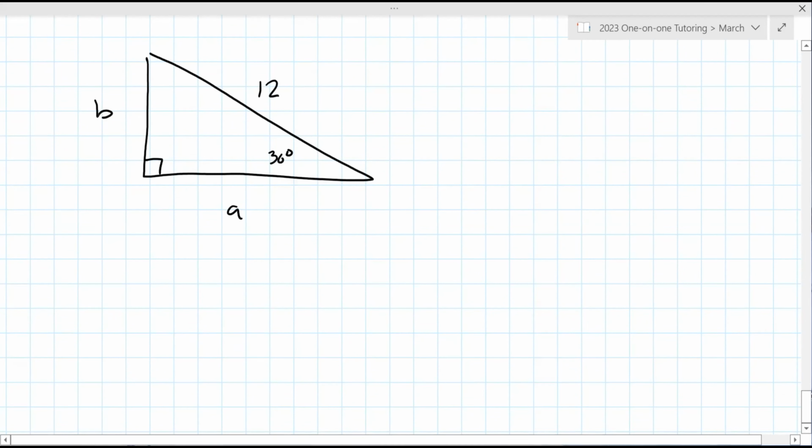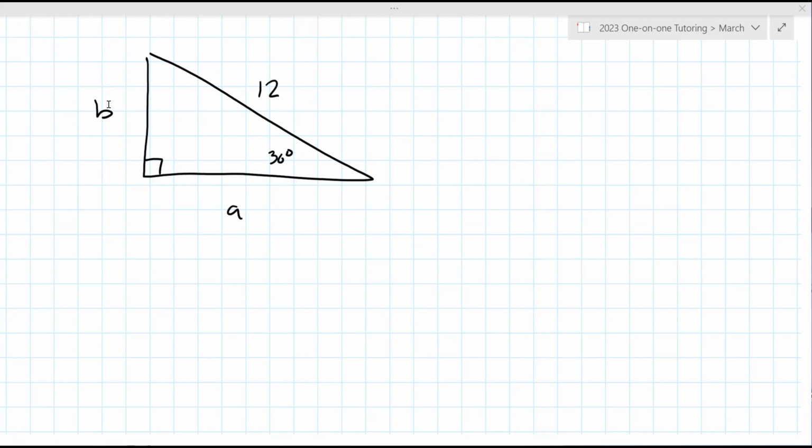So am I giving you the short leg, long leg, or hypotenuse? You may be muted currently. It keeps doing that. You've given me the hypotenuse. Yes.